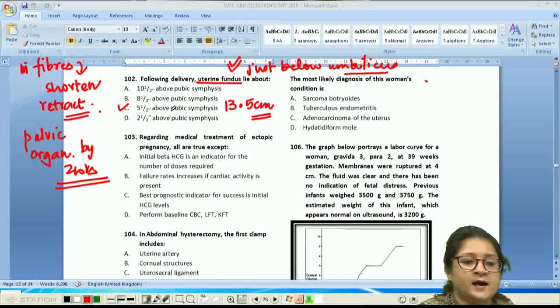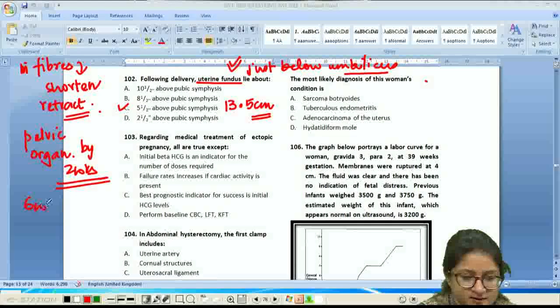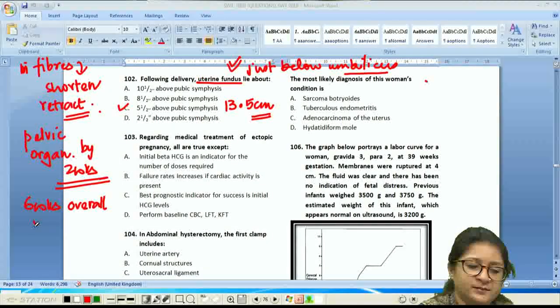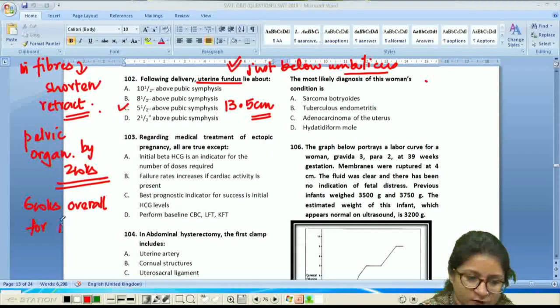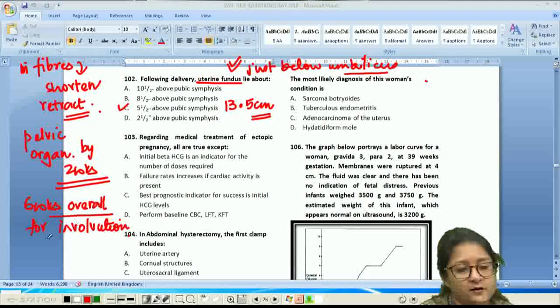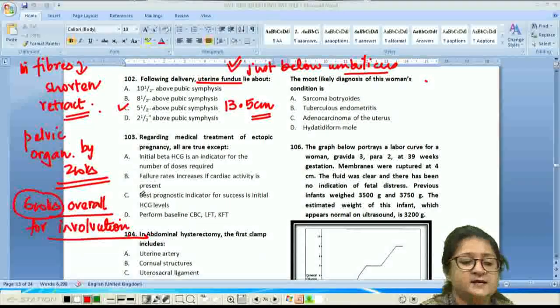Now the uterine involution takes a complete 6 weeks. Overall, 6 weeks is the time taken for involution of the uterus, all right. So it becomes a pelvic organ by 2 weeks, but the overall involution takes 6 weeks.